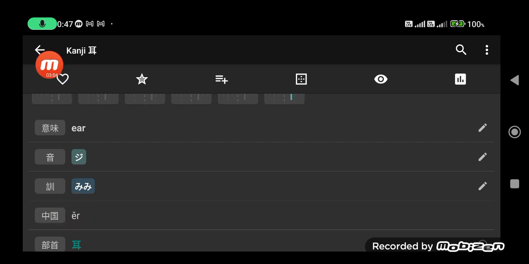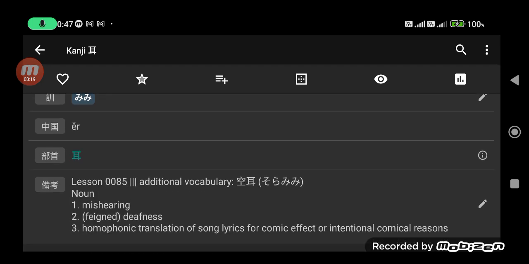And we can see here that there is no okurigana, so it's very easy. One onyomi, one kunyomi, no okurigana. Very easy to memorize. Ji, mimi. And in Chinese, well, in Mandarin, I mean, it's er.